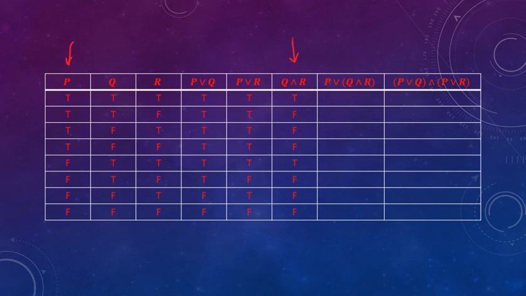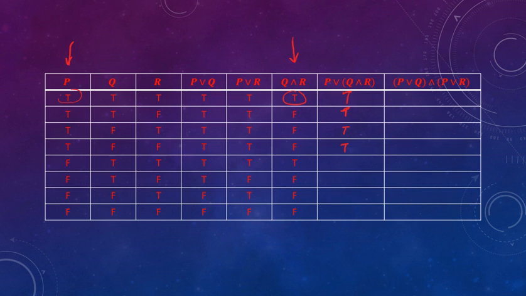So I have a true or a true, which is going to give me a true. I then have a true or a false. That's going to give me a true. I then have a true or a false. It gives me a true. I have a true, I have a false.